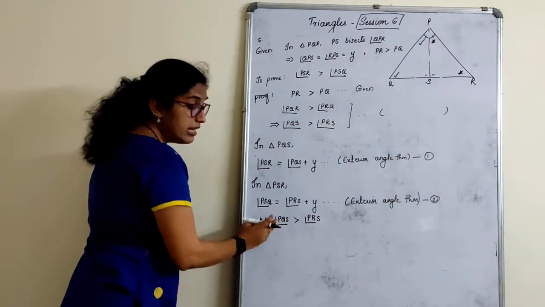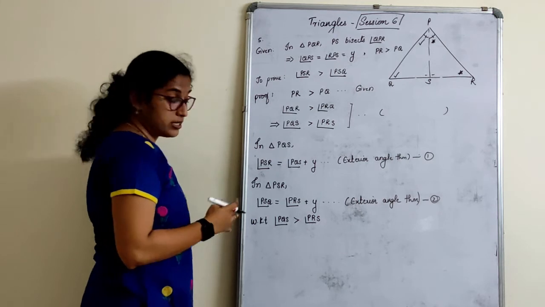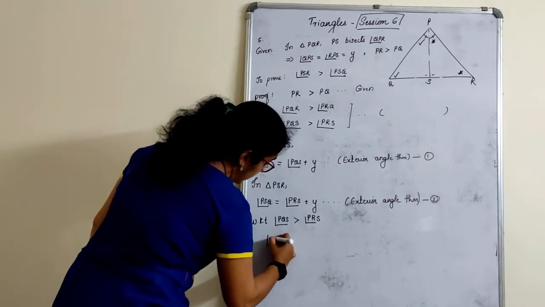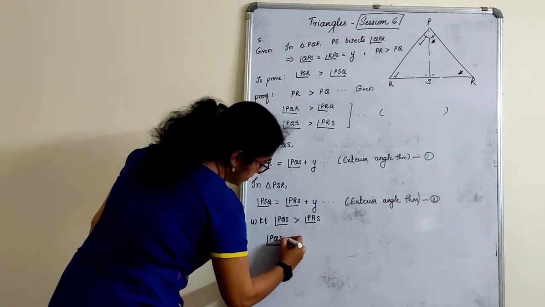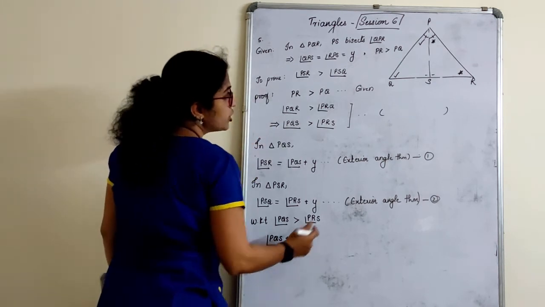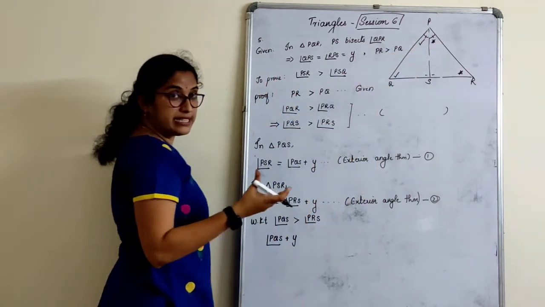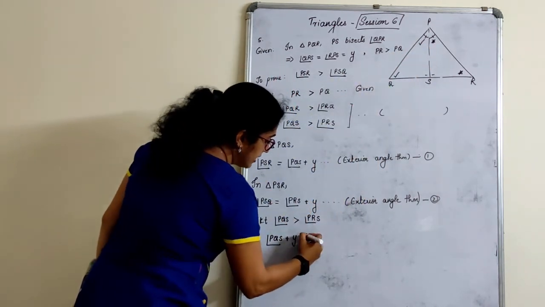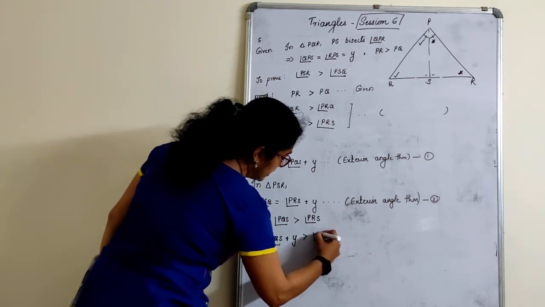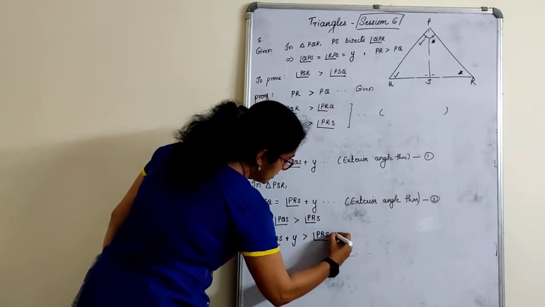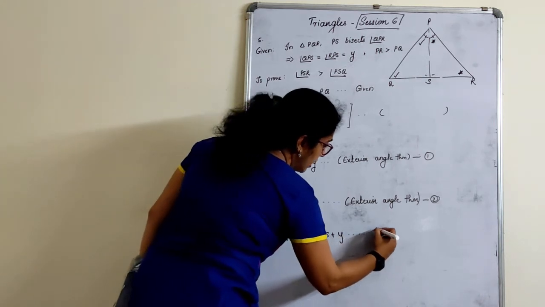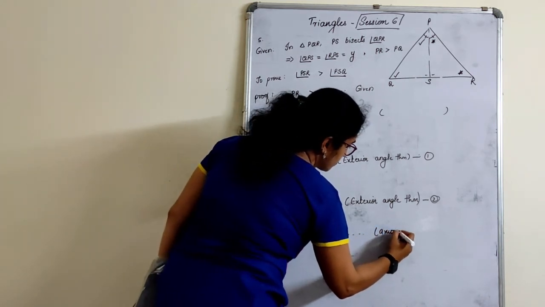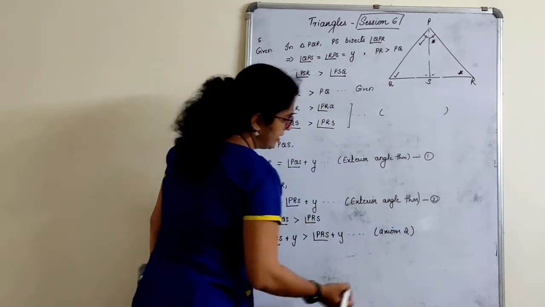Now, let us add equals on both sides. Angle PQS plus Y. Which are the equals? Are these two bisectors? Yes. Is greater than angle PRS plus Y. Axiom 2: when equals are added to equals.